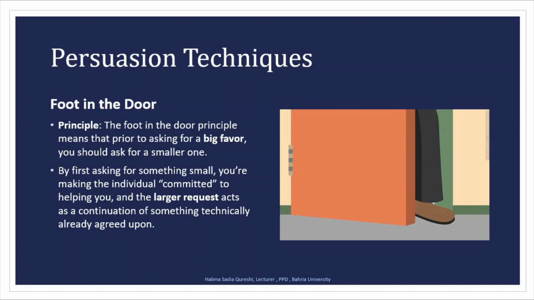That could work as a foot in the door, and that classmate of yours is going to tell you some details about the deadline. Then you can further ask, have you completed your own assignment or project? So now you are asking for some information about how to do it, and from there you make the larger request: can you help me in doing that?